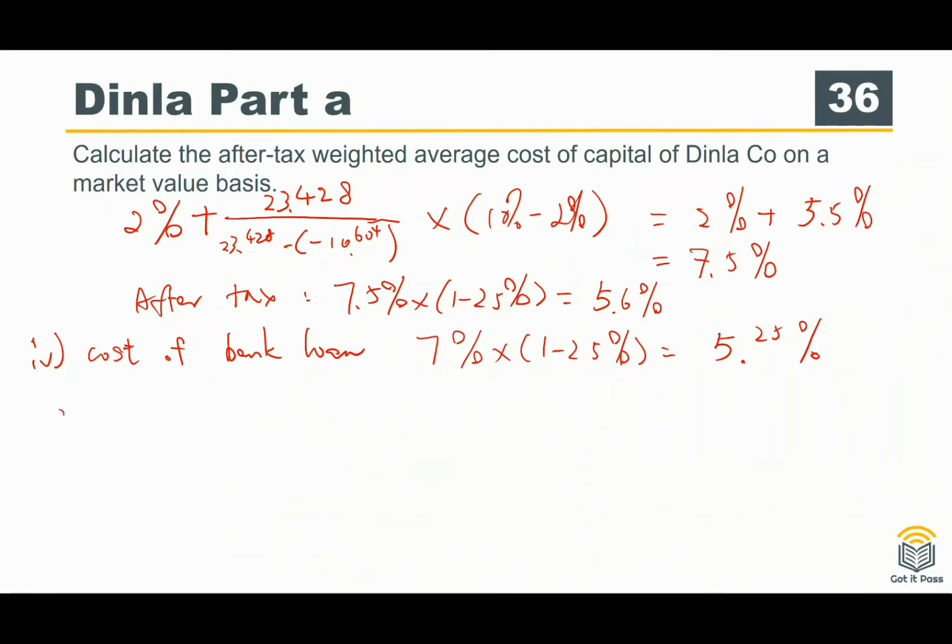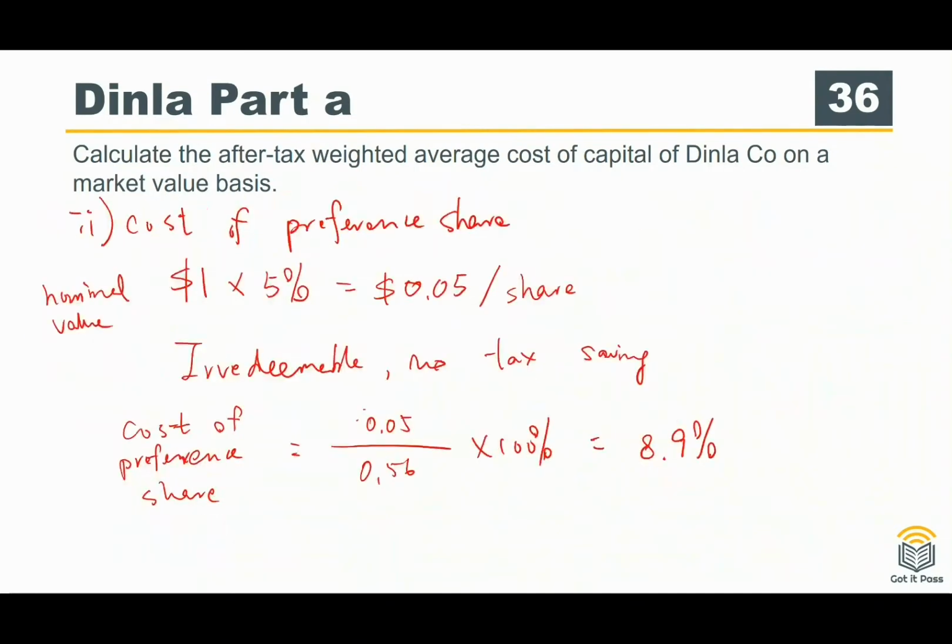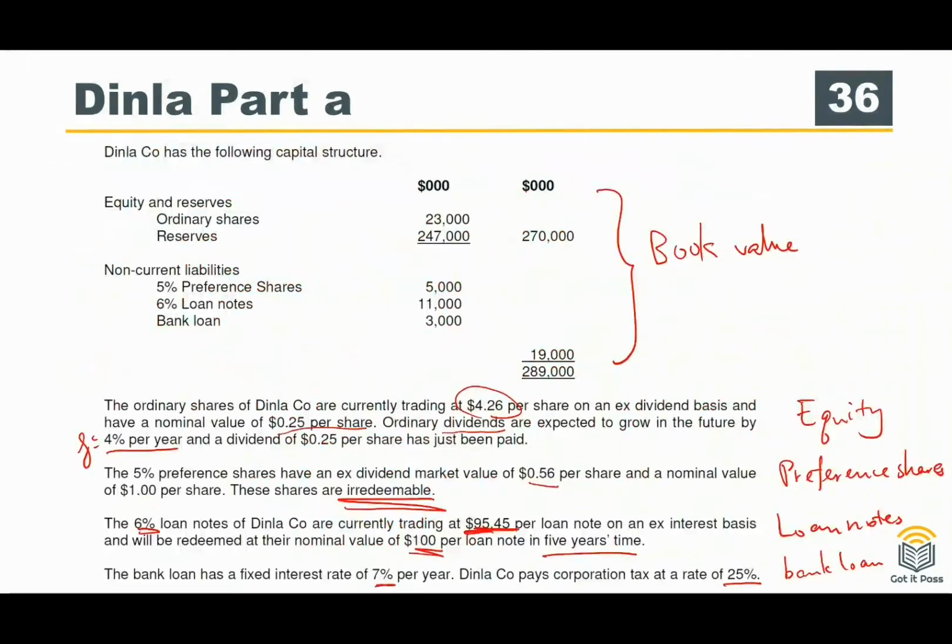Okay. So for step 2, we need to work out the market value of each instrument. Okay. For the equity, you check out the questions. We have the ordinary shares, 25 million, and 23 million, and the nominal value per share is 25 cents.